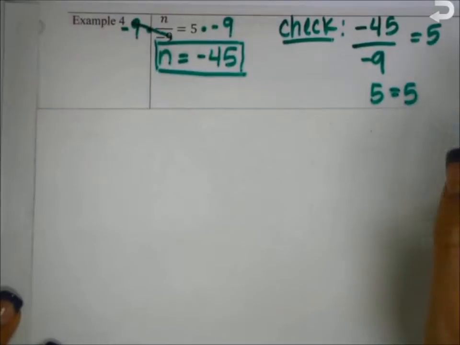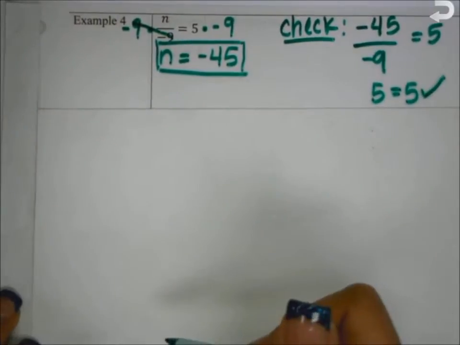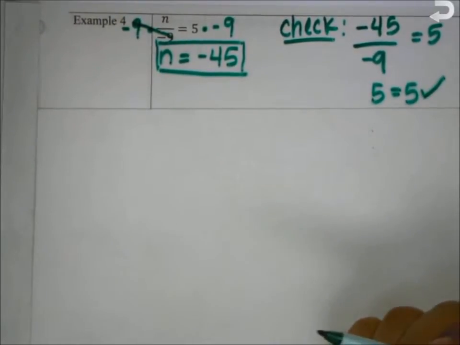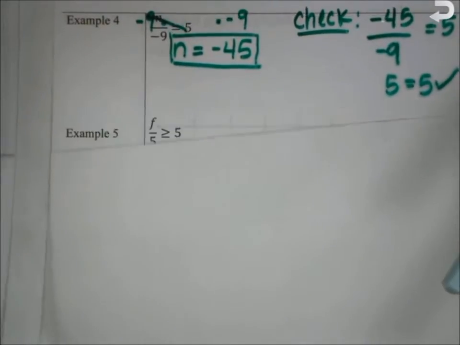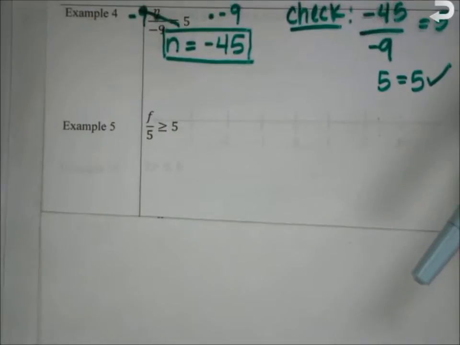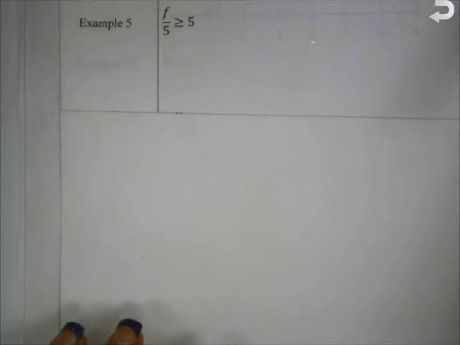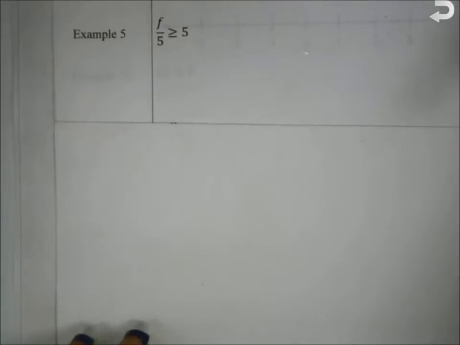Example number 5, guys. F divided by 5 is greater than or equal to positive 5. Okay, so F divided by 5, we are dividing. So what is the opposite of division? Multiplication.